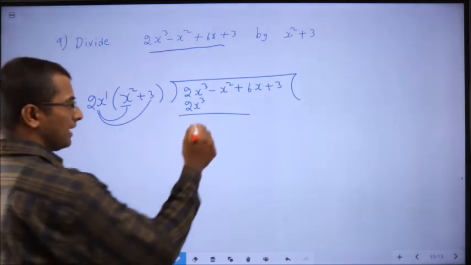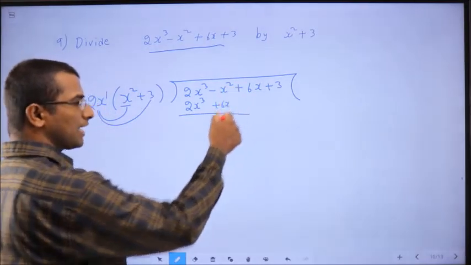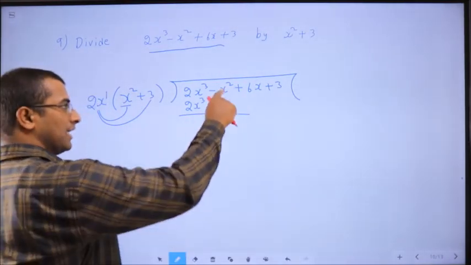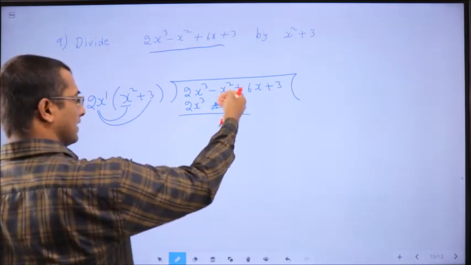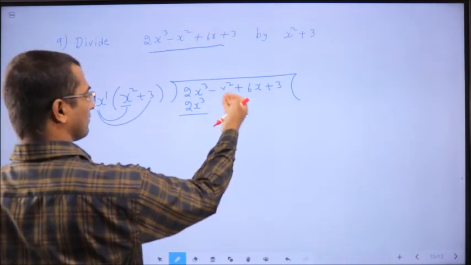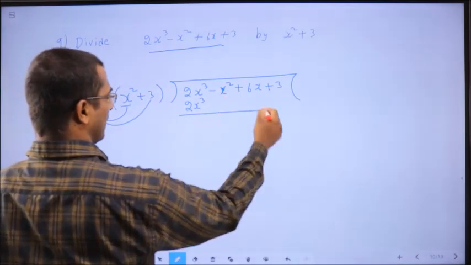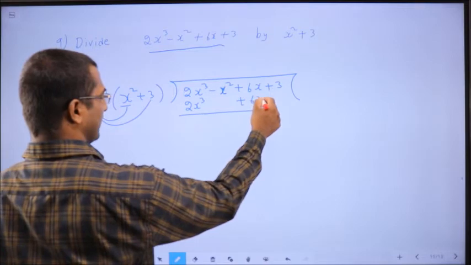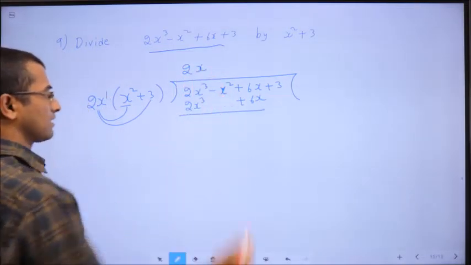You will not write plus 6x over here because these two are not like terms. Here x square and x, they are not like, so don't write 6x here. Okay. Write here plus 6x. So your first term of the quotient is plus 2x.